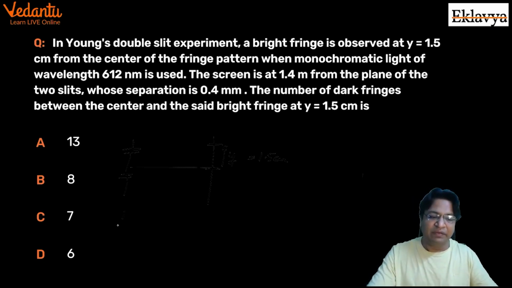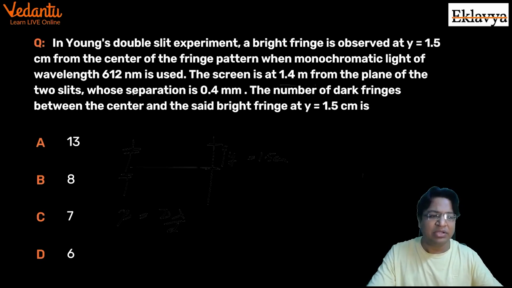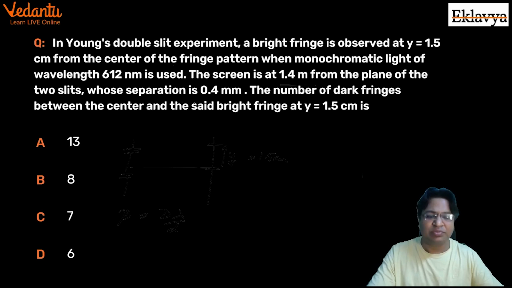So for that, I will first figure out the value of fringe width, which is given by capital D lambda by small d. So the value of D is 1.4. Okay, so 1.4 into lambda is 612 nanometers. So 612 into 10 raised to power minus 9 meter, and divided by small d, which is 0.4 millimeter.